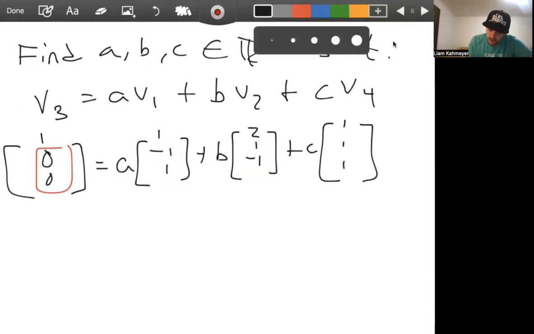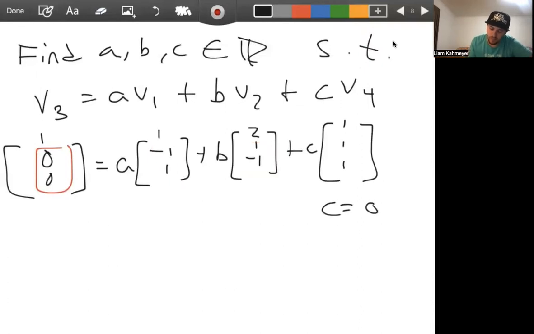Let's just look at C being equal to 0. Well, if I just let A equal 1 and B equal 1, then I would get the vector 3, 0, 0. But I want the vector 1, 0, 0.